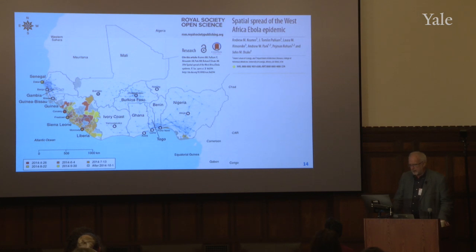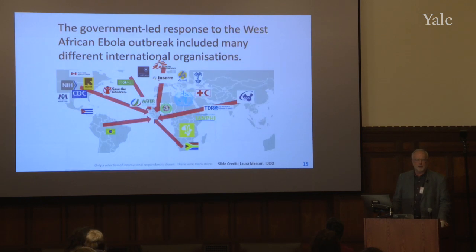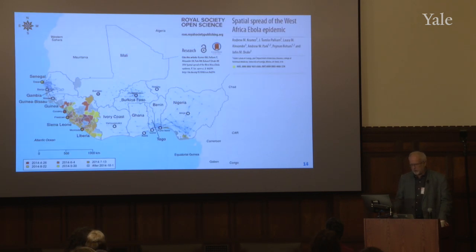That said, these are some of my colleagues that have been working on this, we have been able to look at the spread of diseases like this and then predict risk factors for spread to other areas of a particular region. This work was done with respect to the Ebola epidemic that hit Western Africa.